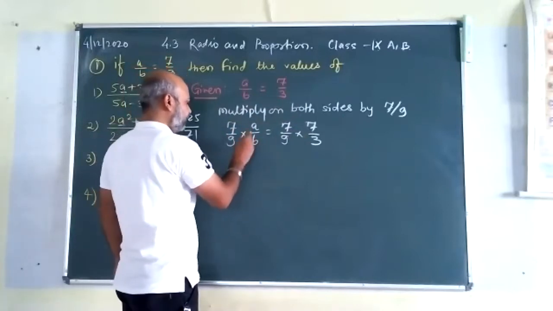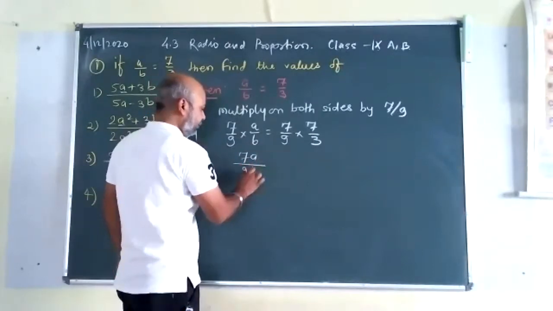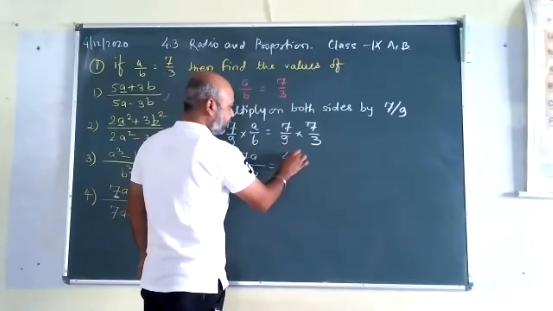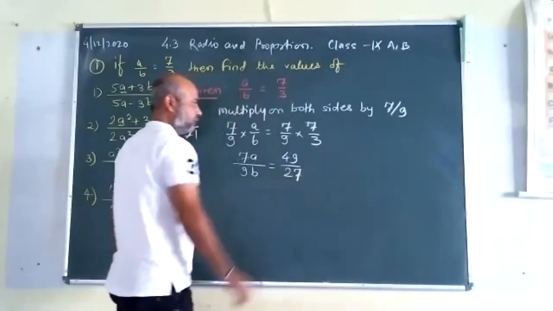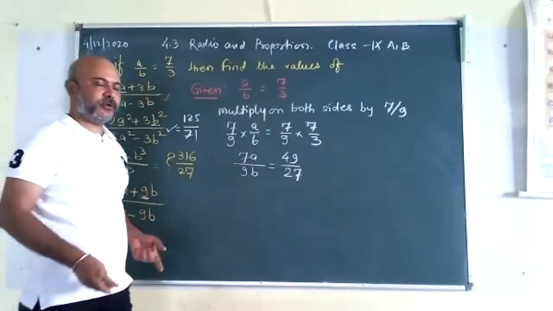Simply multiply: 7 into A, 7A, 9 into B, 9B, and this is equal to 49 upon 27. Now, students, which property are you going to use here?